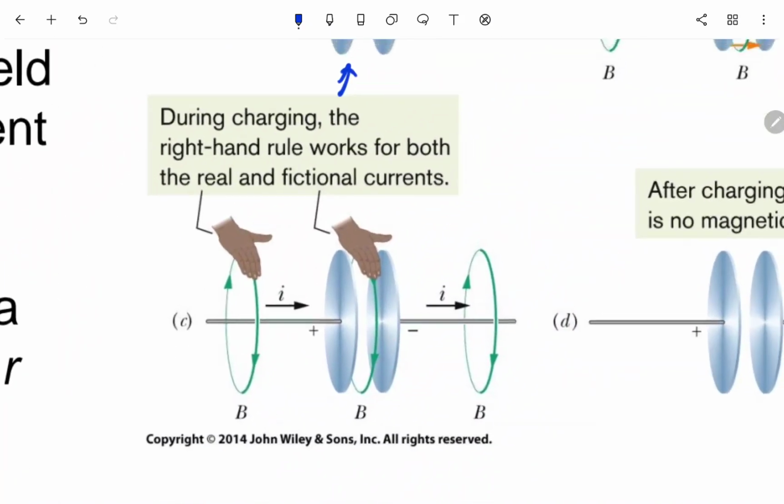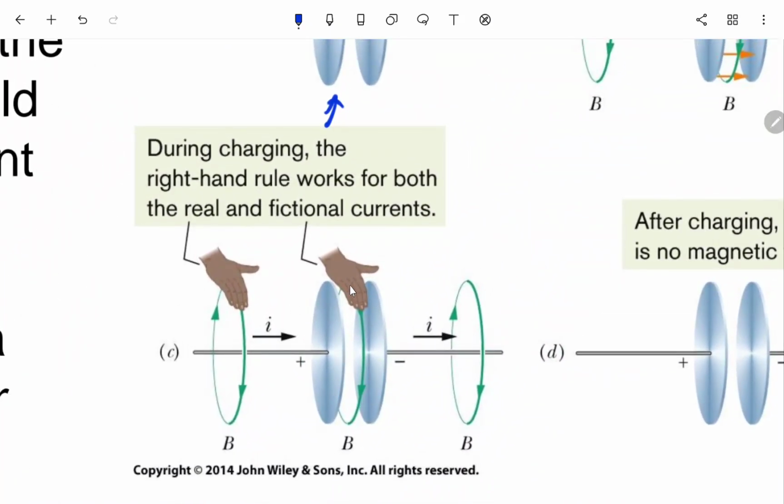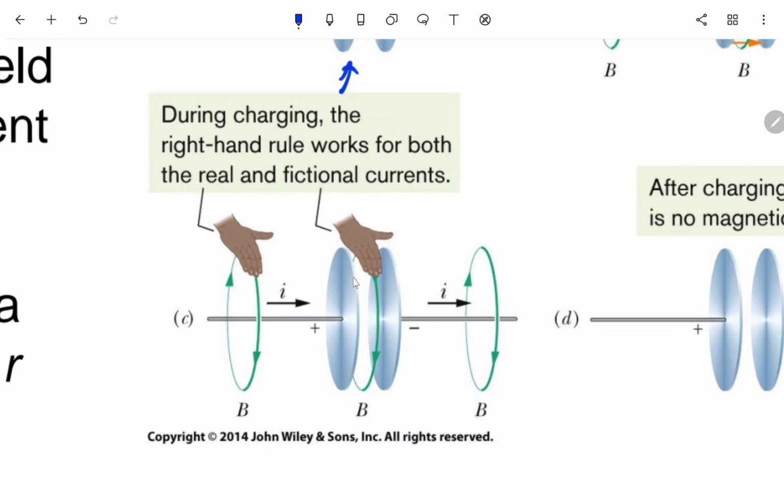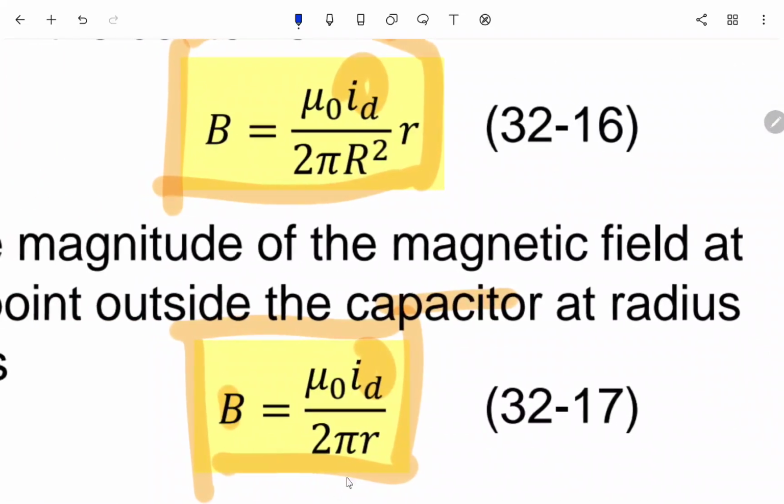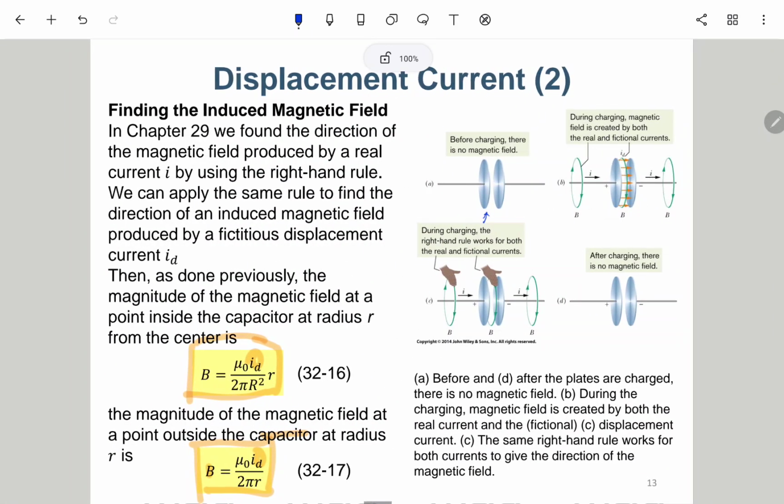If this loop is larger than or equal to the radius of the capacitor, then it is outside, so it follows this equation. I think this is nothing special because you have already looked at this version for the static current.